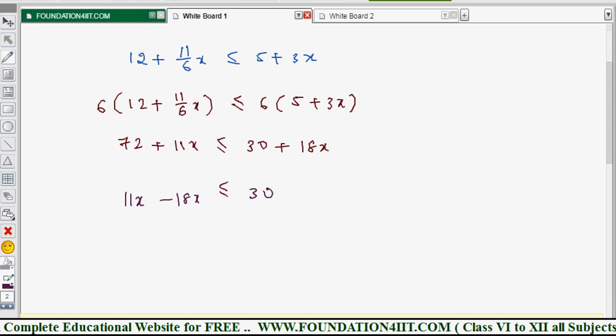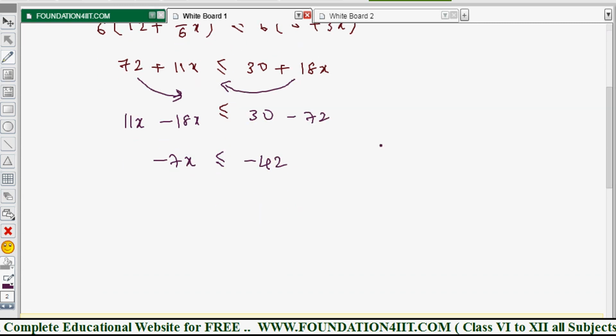The remaining is 30, and 72 we take to the other side as minus 72. Okay, like terms on one side. So plus 18 becomes minus 18, this changes and goes to the other side. Now 11 minus 18 is minus 7x less than or equal to 30 minus 72, which is minus 42, right?